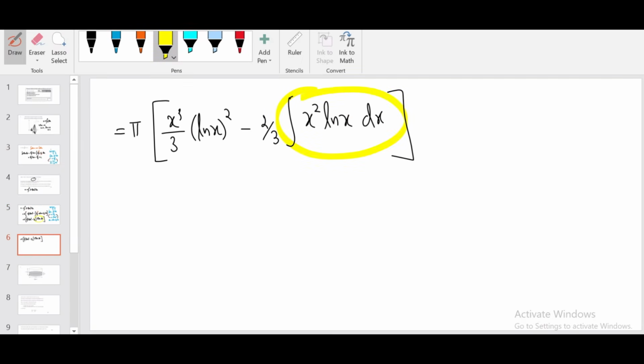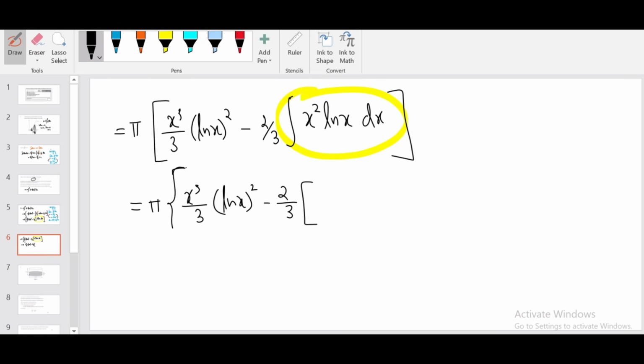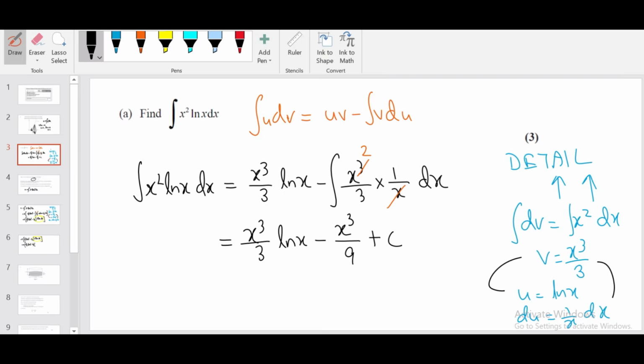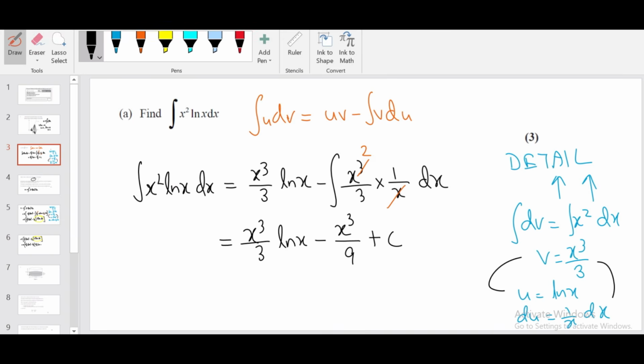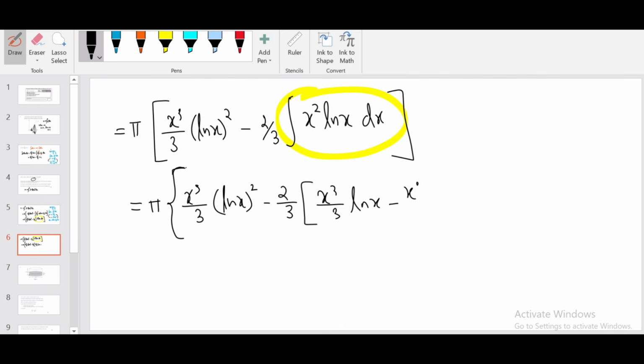So here I'm going to apply the result from part A. Pi, the rest I'll keep as it is, ln x whole squared minus 2 over 3 times the result from part A, which is x cubed over 3 ln x minus x cubed over 9. Don't put plus c, the limit is 1 to e. So I'm going to straight away sub in the limits now.